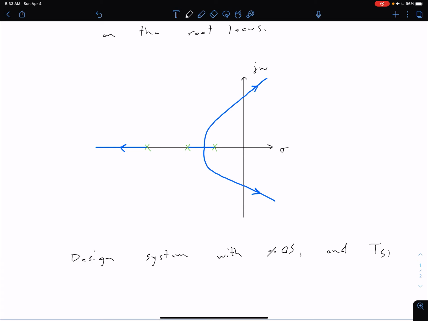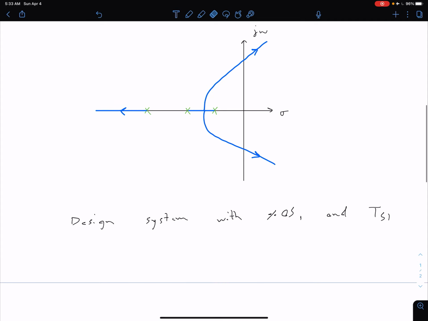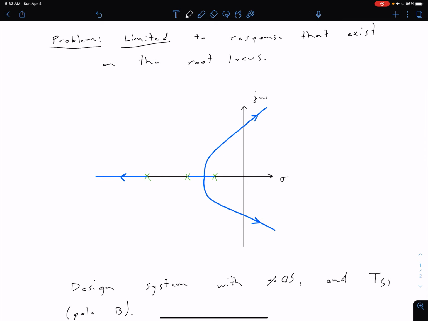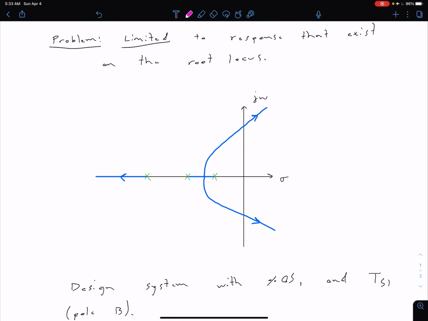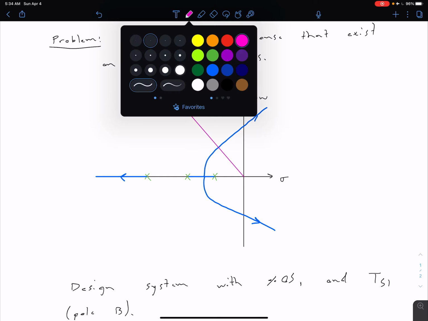We're going to put a pole on our system up above here in a minute, but let's say that this corresponds to some pole we're going to label as B. Of course, as we've seen in our previous notes, a percent overshoot corresponds to a radial line. I'm going to use pink here so this is easy to see. So we've got some percent overshoot line here, that's percent overshoot 1.